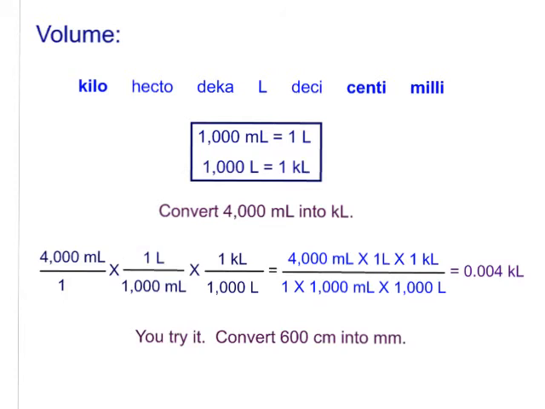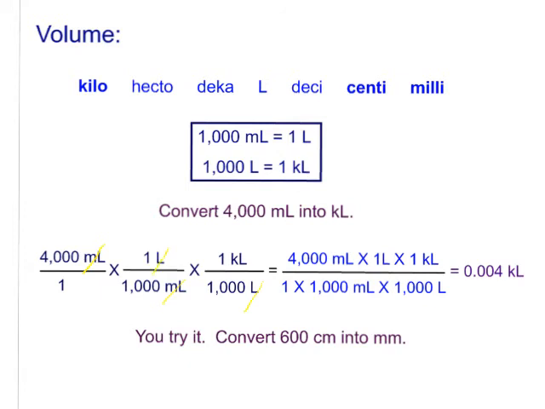So right now, we can cancel out milliliters. And then I'm going to multiply by this conversion factor, liters to kiloliters. 1,000 liters equals 1 kiloliter. Okay, and I'll put that here. I'm going to put liters on the bottom so I can cancel out liters, right?